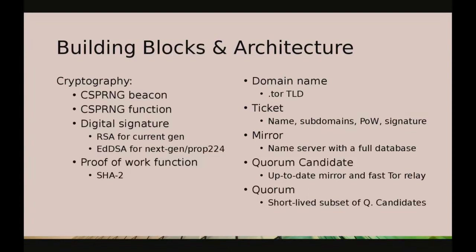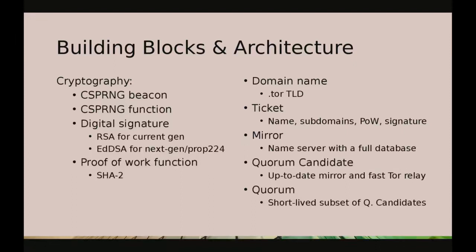We use digital signatures, which is RSA for the current onion service system, and EdDSA for the next generation. And we have a proof of work function, which is currently SHA-2. I want to point out there's no encryption functions, so that all data and processing is public and independently verifiable. The trade-off to this is, of course, zone enumeration, but I consider this a minor issue and worth the trade-off.